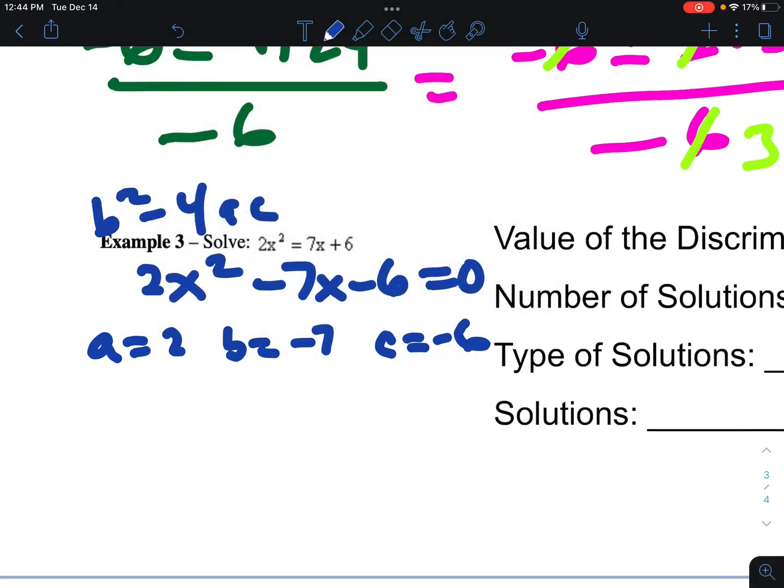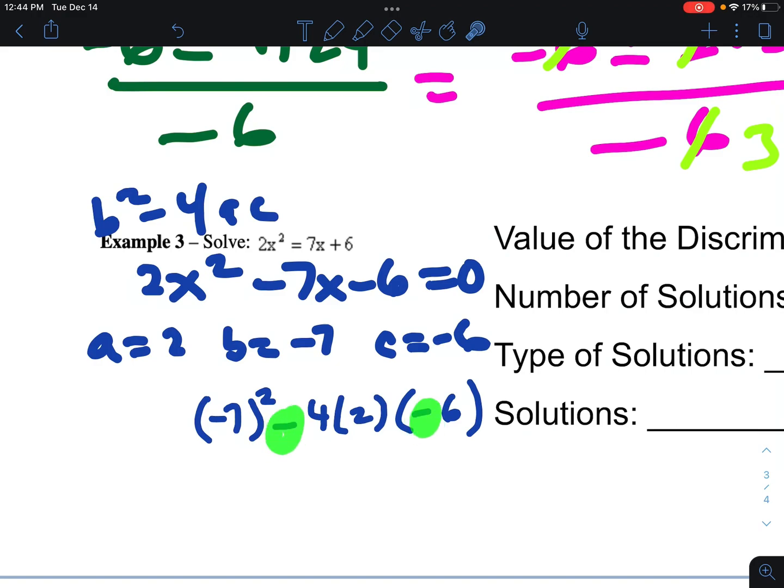So we're going to go negative 7 squared minus 4 times 2 times negative 6. Again, this is going to be a positive number because we got a negative here and a negative here. So that's going to turn it into an adding sign.